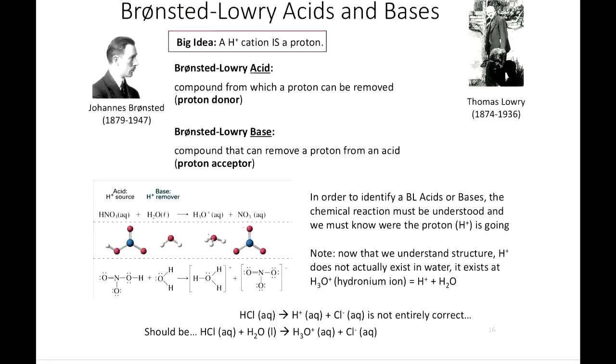Okay, so Bronsted-Lowry acids and bases still categorize acids and bases the same. Ammonia is still going to be a base. HCl is still going to be an acid. But we think about it differently. We want to think about acids and bases in terms of protons, or H+, moving in a chemical reaction. We know HCl is an acid.